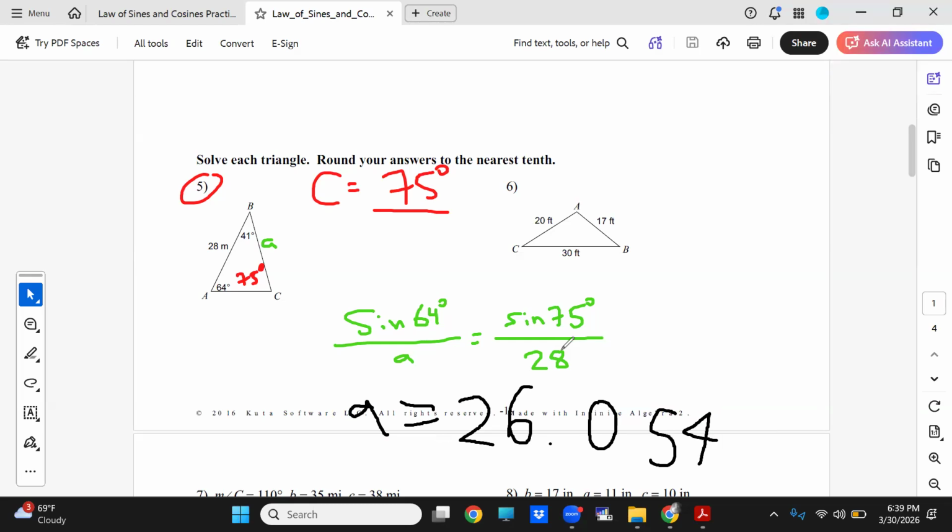That's what I got. Cool. Yeah, I agree. And then you gotta do it one more time to solve for little c, sorry, little b. So I'll still maintain the same relationship on the right side.